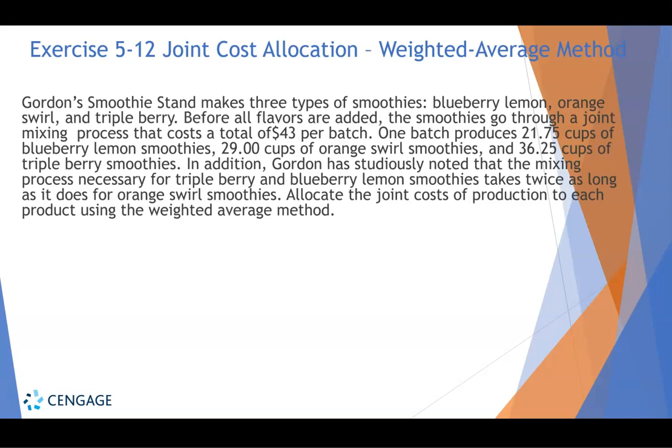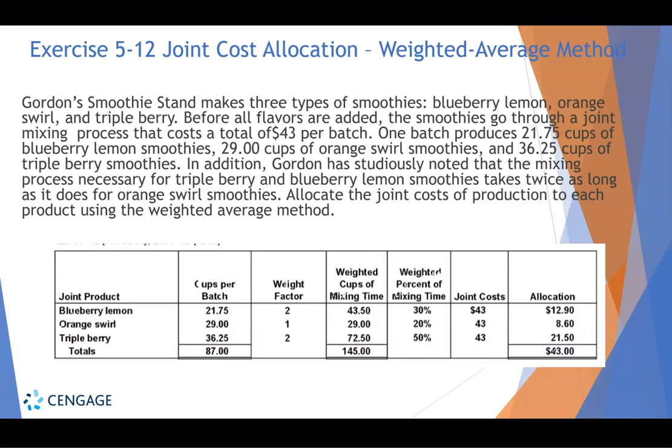One batch produces 21.75 cups of blueberry lemon smoothies, 29 cups of orange swirl, and 36.25 cups of triple berry. In addition, Gordon has studiously noted that the mixing process necessary for triple berry and blueberry lemon takes twice as long as it does for the orange swirl smoothies. Allocate based on weighted average.